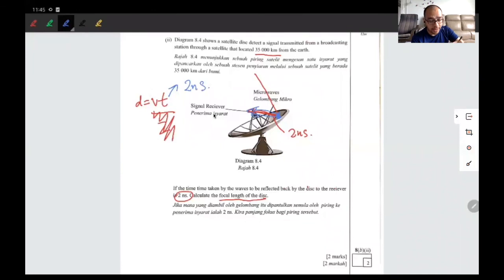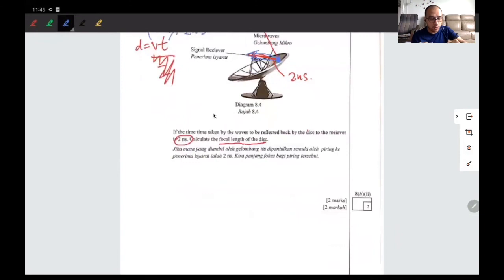The velocity of electromagnetic waves is always the same, 3 times 10 to the power of 8, and therefore this distance is the focal length of the disk. So D equals 3 times 10 to the power of 8 times 2 times 10 to the power of negative 9, and we will get 0.6 meters.